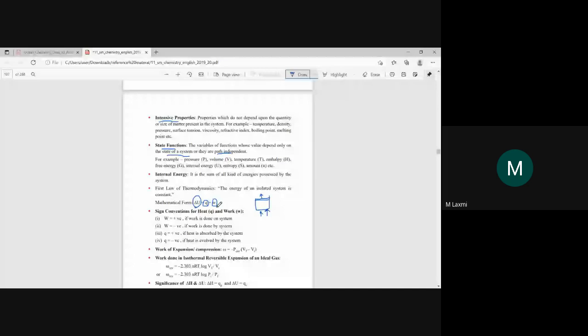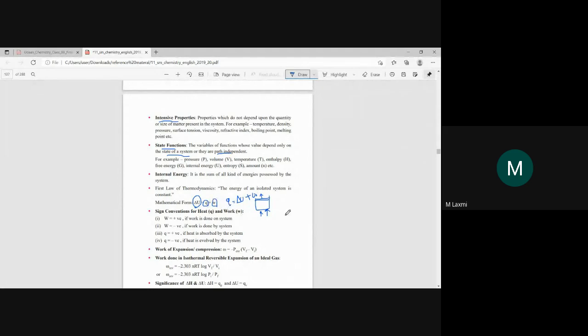So Q is equal to delta U plus W. Delta U is the change in internal energy. Why has W taken a positive sign here?